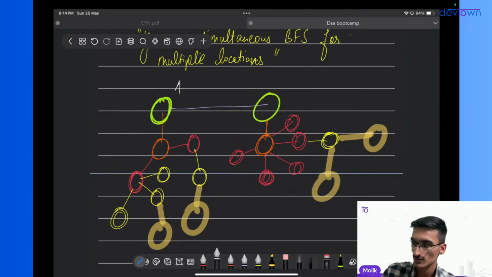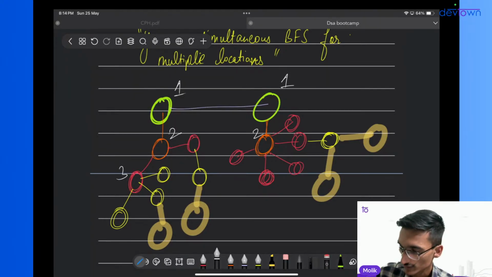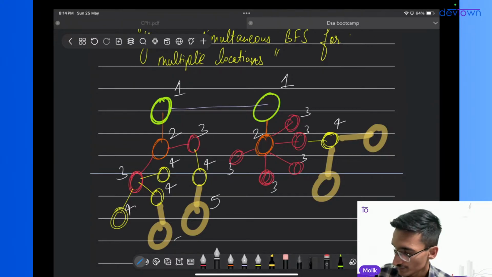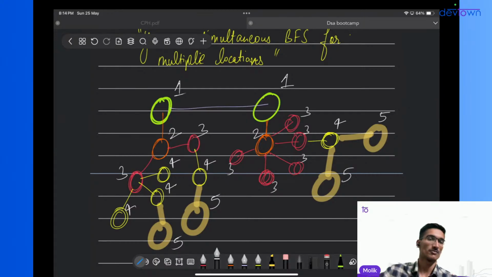I will just show you the levels of this. I hope this is clear how a multi-source BFS works.